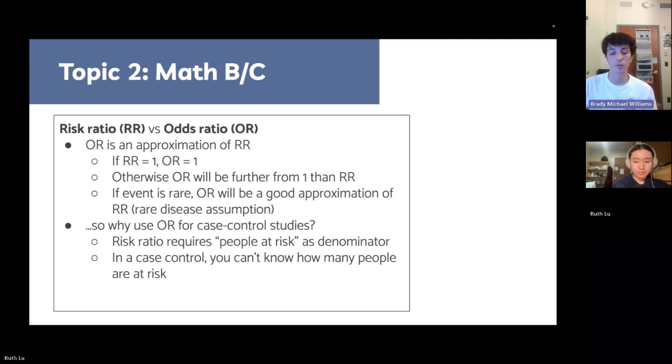Because we just chose some amount of people who were diseased, some amount of people who weren't diseased. This is fairly arbitrary. So we don't know in total in the population how many people were at risk. So we can't calculate the risk ratio. So we need to use the odds ratio, which has slightly less power statistically, but is still useful.